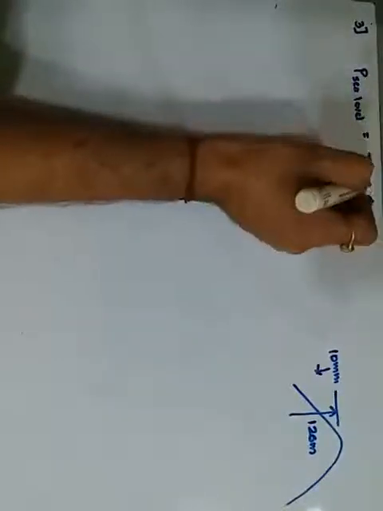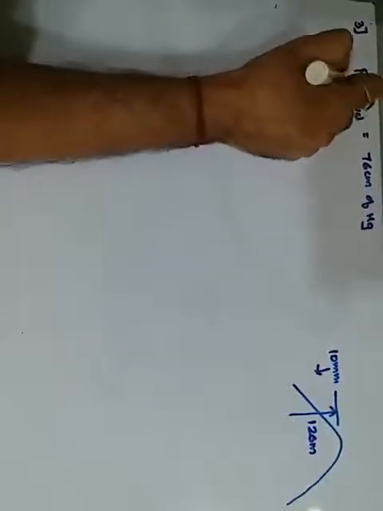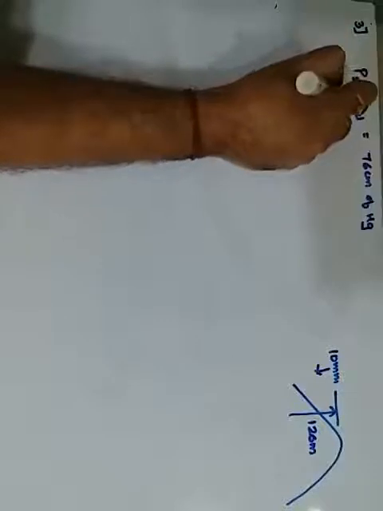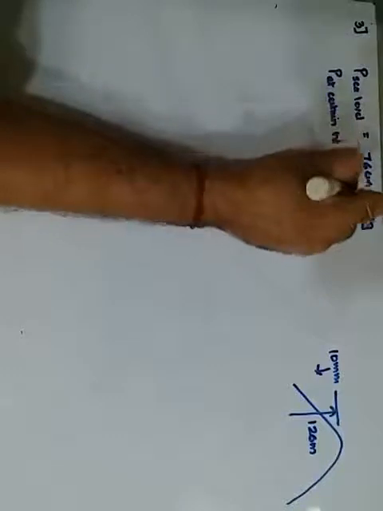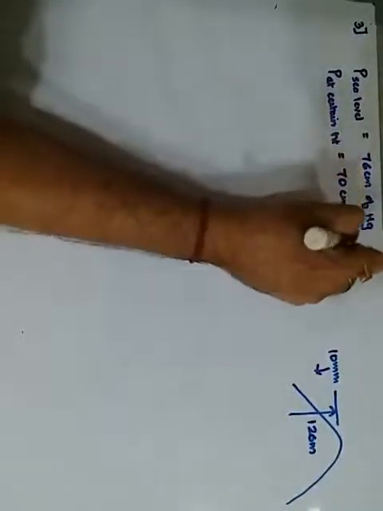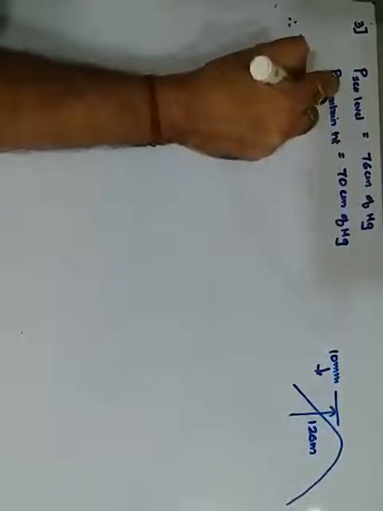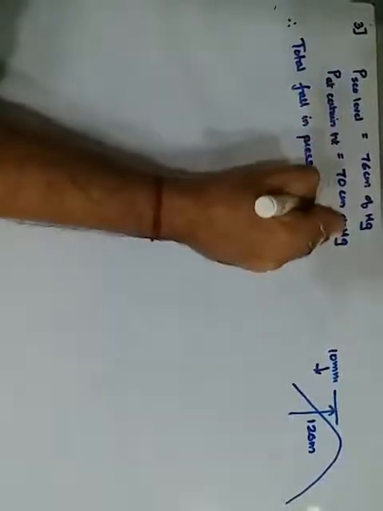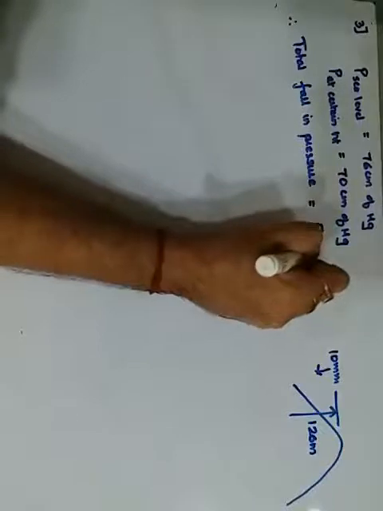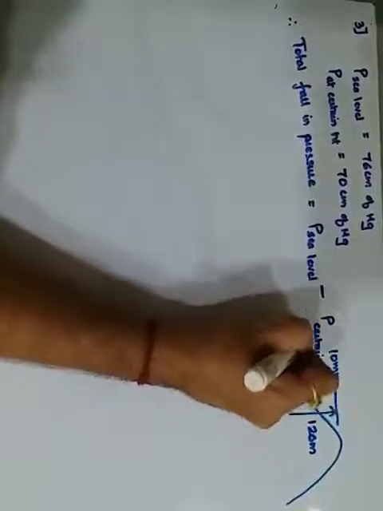So this is the change in the new pressure. Pressure at a certain height has now become 70 centimeter of mercury. So what is the total fall in pressure? Here the total fall in pressure is the pressure at sea level minus the pressure at that certain height.